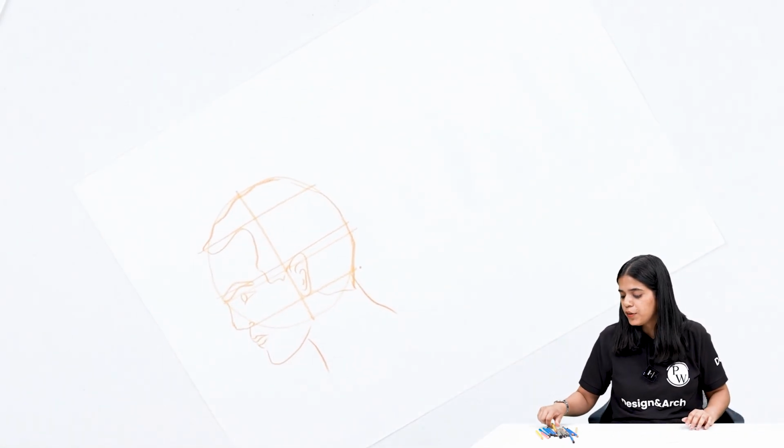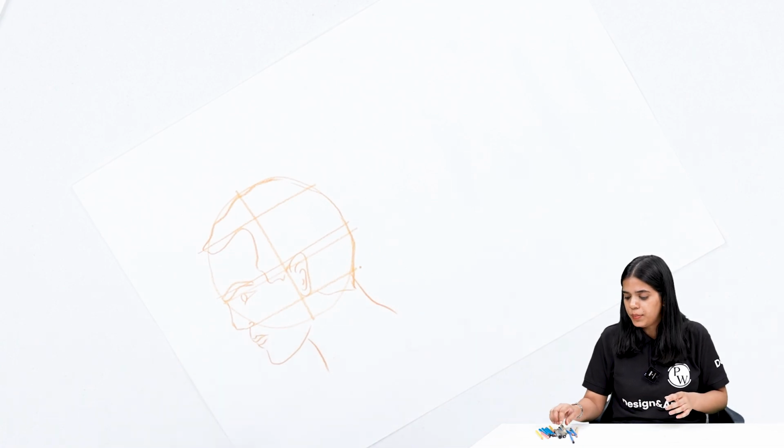Right. Now what we will do? We will darken this out and we are going to do a little bit of hatching in this.